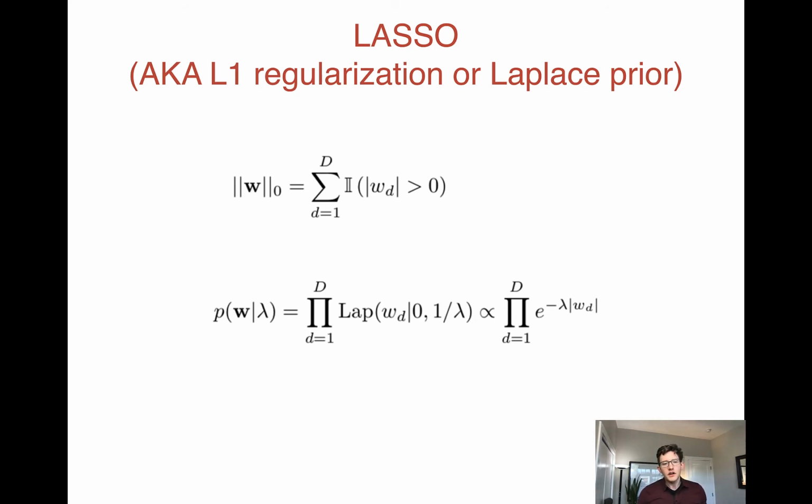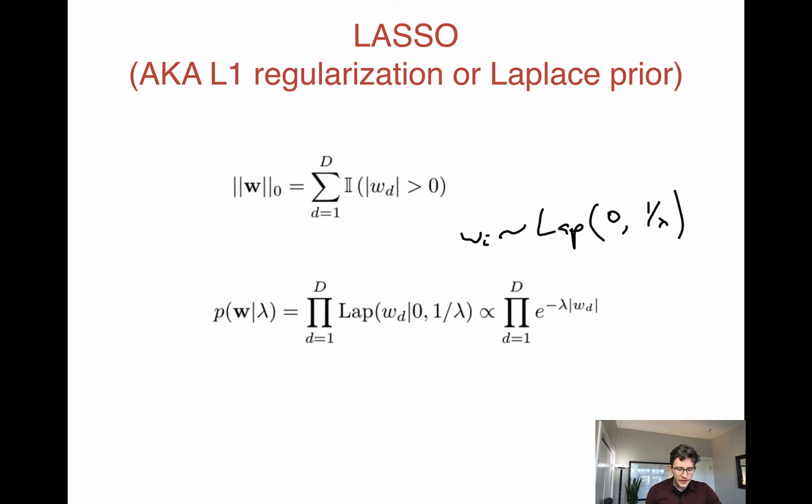What we're going to focus on instead is putting a Laplace prior on W. That is, we're going to imagine that each Wi is distributed according to a Laplace distribution with mean 0 and Laplace parameter 1 over lambda.